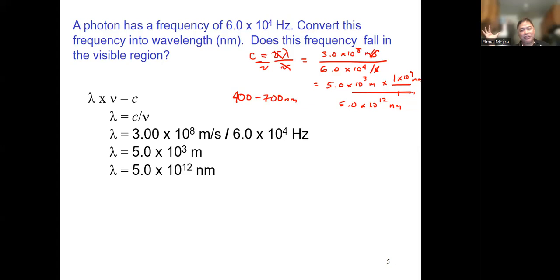So when was the concept of the atom first formulated? Way back when? The time of the Greeks. So there's a guy, Democritus, who said that if you keep dividing any material, there will come a time that you cannot divide it, or it will become indivisible.